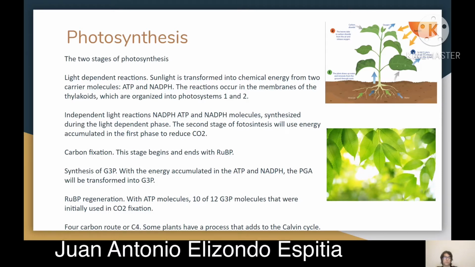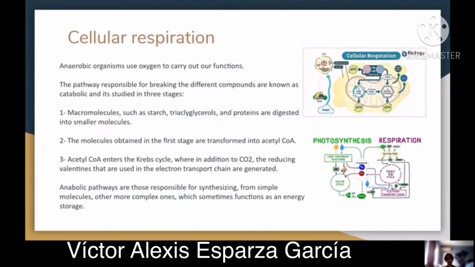The 4-carbon route, or C4, is a step that some plants include in the Calvin cycle in order to increase the processing of CO2.